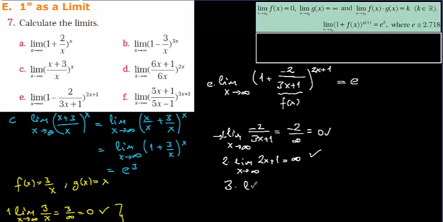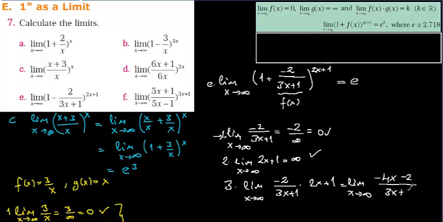By using the first and second conditions, I'm going to find the k value now. The limit as x tends to infinity of minus 2 over 3x plus 1 times 2x plus 1, f(x) times g(x). When you multiply these two expressions, you can multiply only the numerators. That's why this is going to be equal to the limit as x tends to infinity of minus 2 times 2x, which is minus 4x, minus 2 times plus 1, over 3x plus 1.